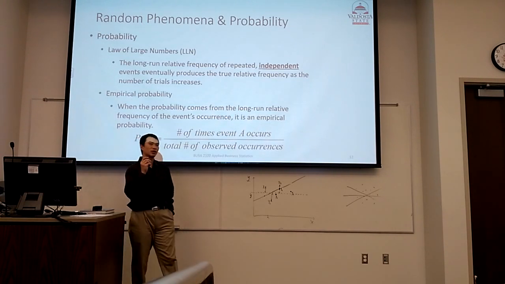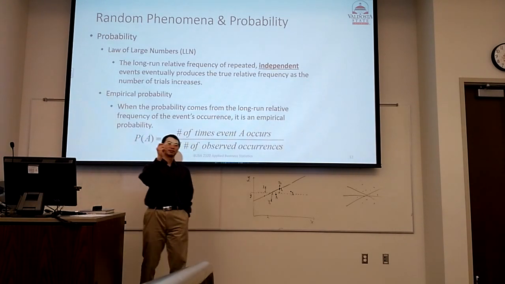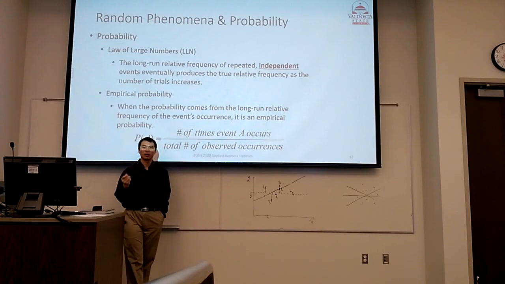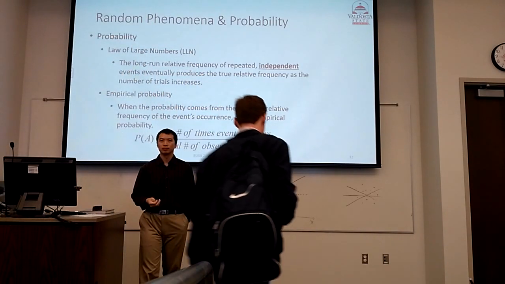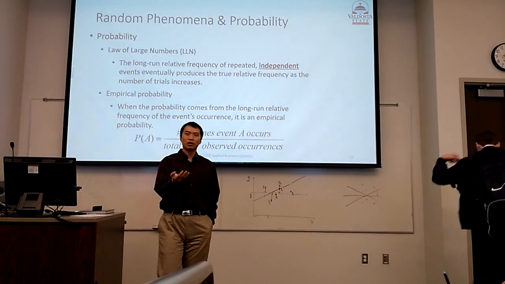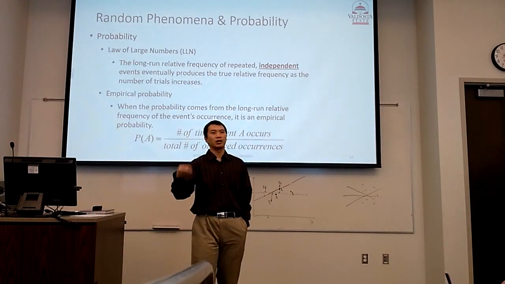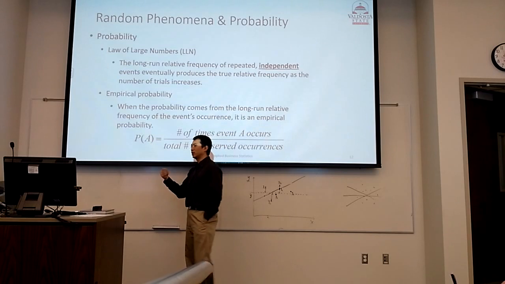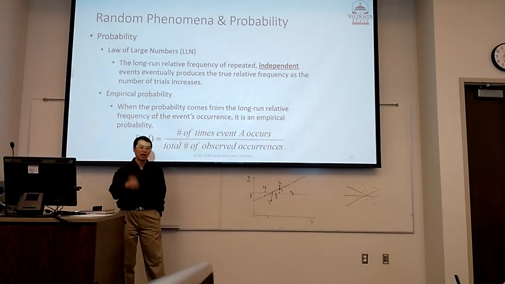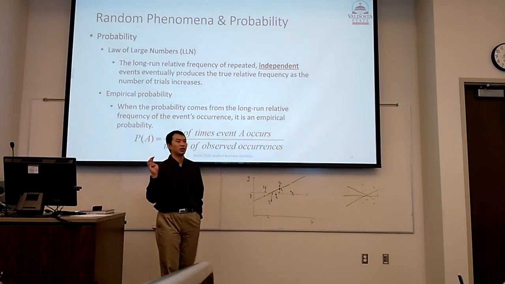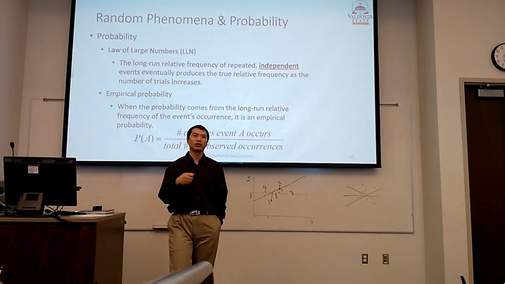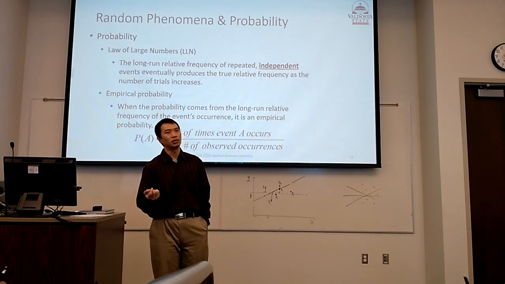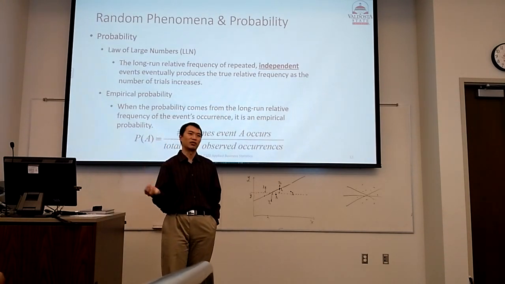Let's use the coin tossing example. We know the chance of getting head and tail is half-half, right? But if we try 10 times, probably we get 3 heads and 7 tails, which is not half-half.